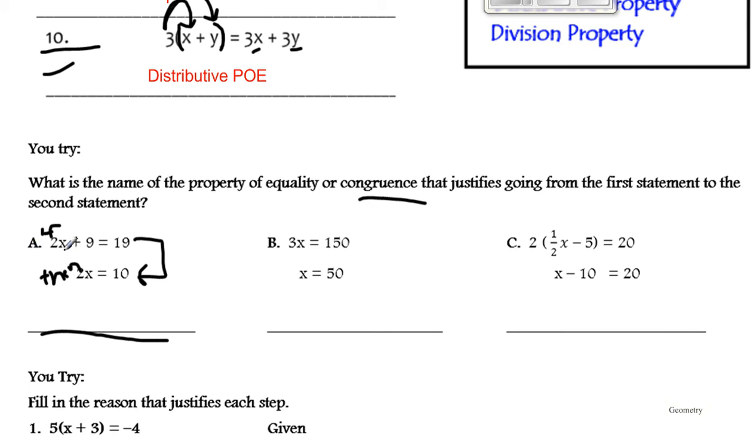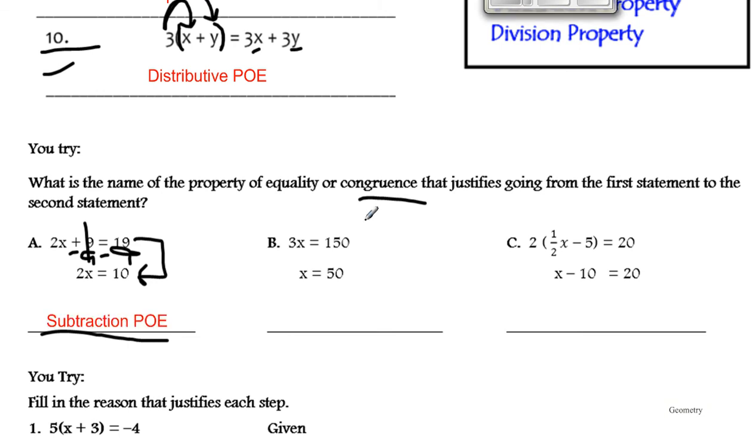So if I just gave you this equation, your first step would hopefully be to subtract 9 from both sides of the equation. So we're going to start by subtracting 9. And you'll see that 9 and a -9 is 0, so that's gone. And 19 minus 9 is 10. So all we've done here is the subtraction property of equality.